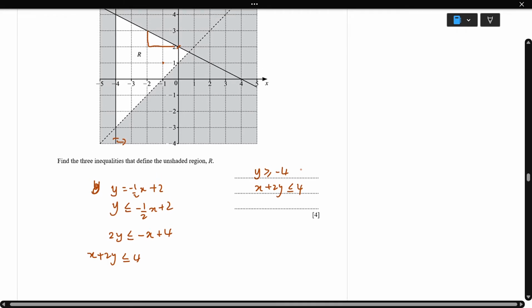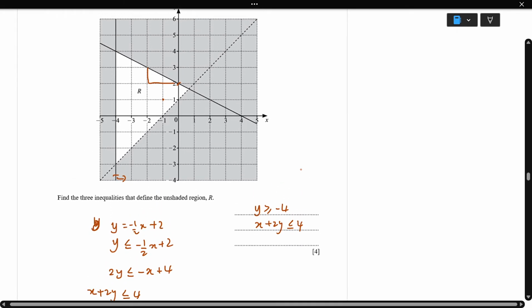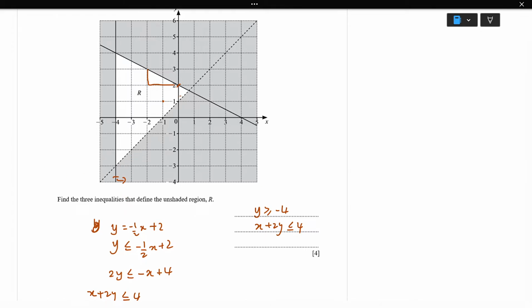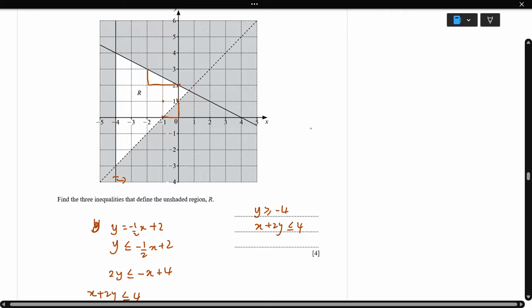Now I'll check the next one. It is a dotted line with a positive gradient, so it is strict, with no equal sign. The y-intercept is 1 and the gradient is 1, so the equation is going to be y equals x plus 1.